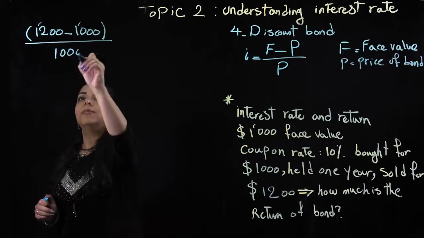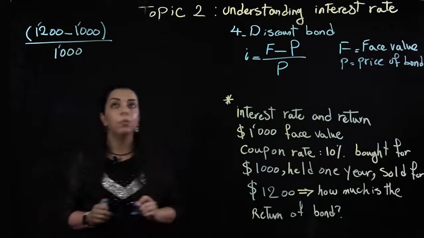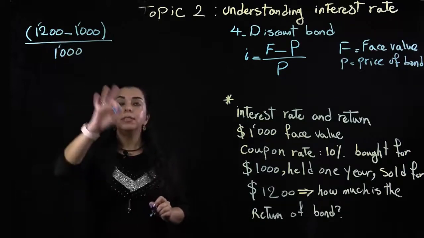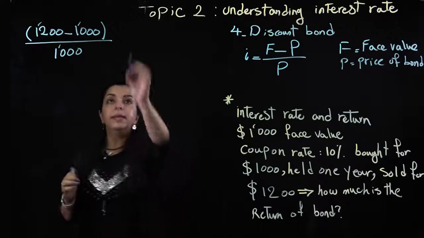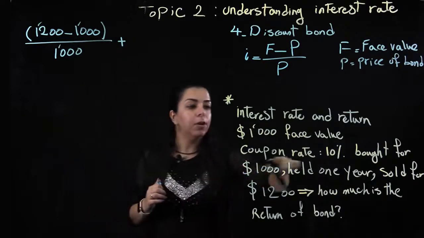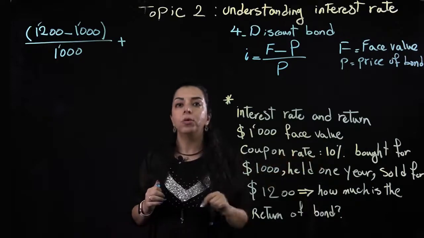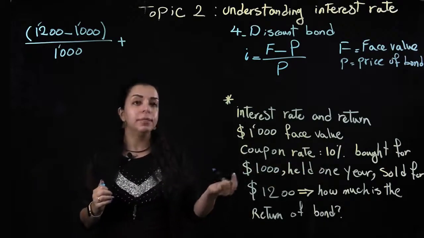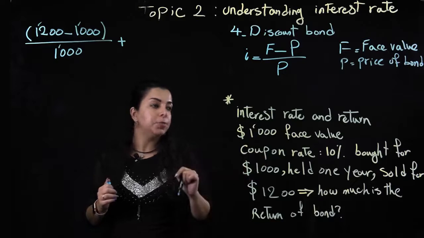The initial value is the value that we paid to buy the bond. So this is one part of our gain. The second part of our gain is, of course, the amount that we receive because the bond is a coupon bond. So on an annual basis, every year we receive this rate.